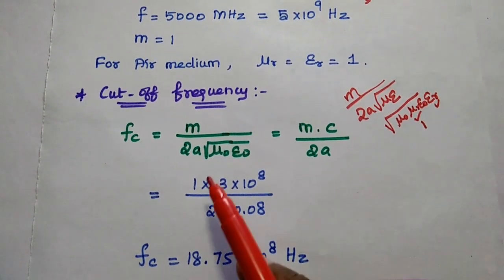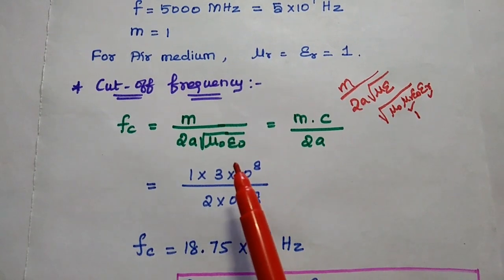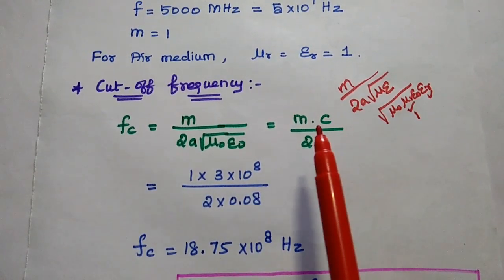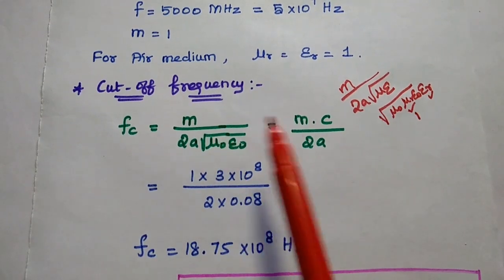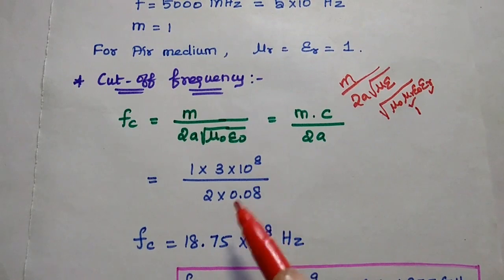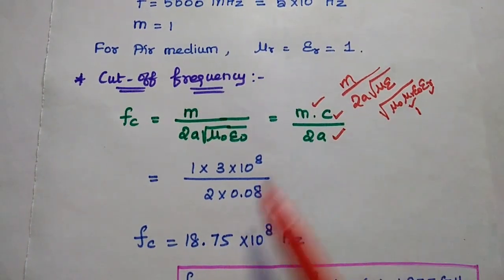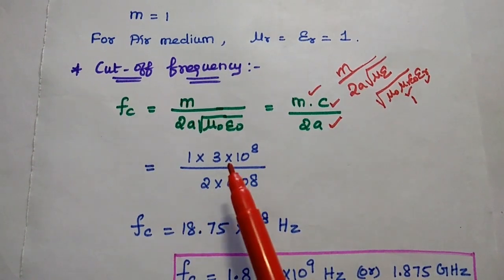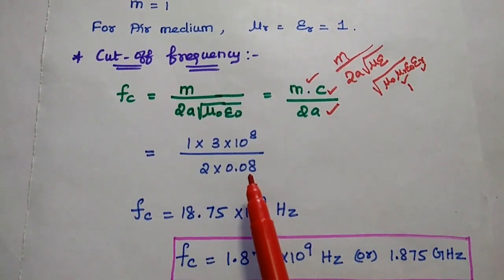So we can write 1 by square root of mu naught epsilon naught, which is nothing but the velocity of propagation. The same formula can be written as m into c by 2a. Substituting the values of the velocity of light, m and a, we get 1 into 3 into 10 to the power 8 by 2 into 0.08.